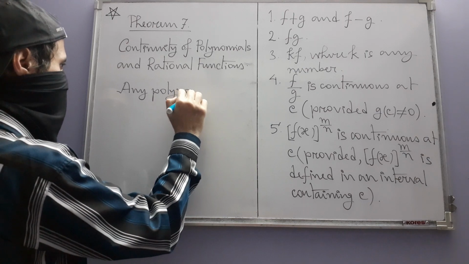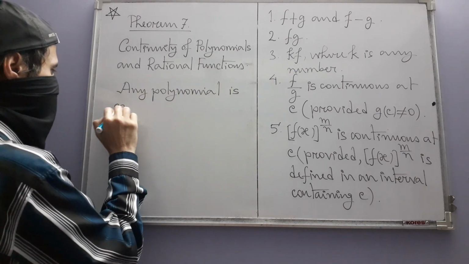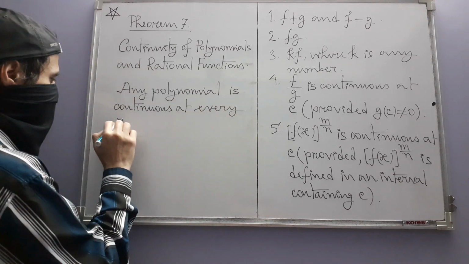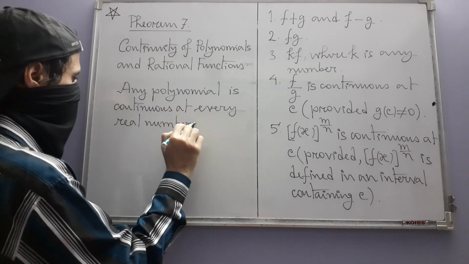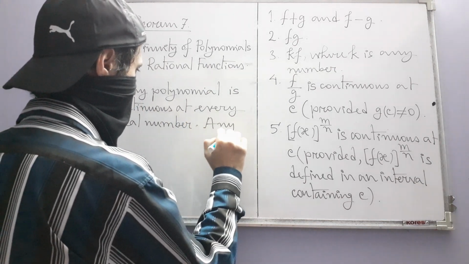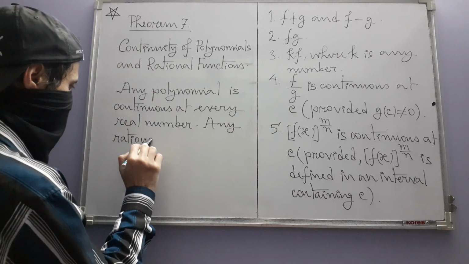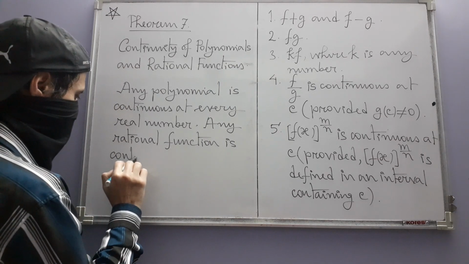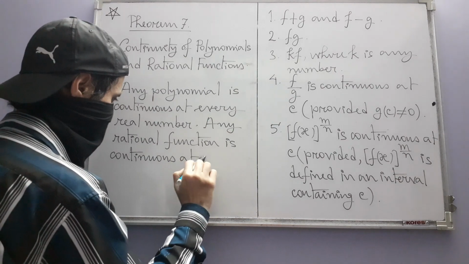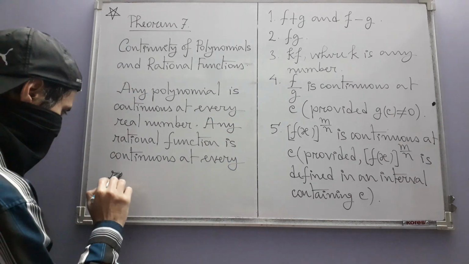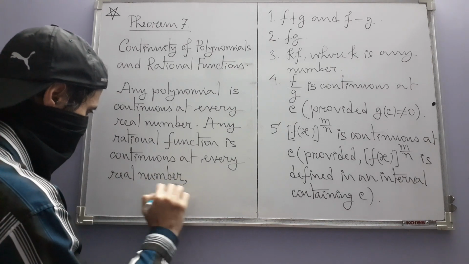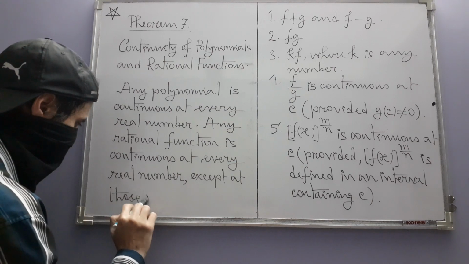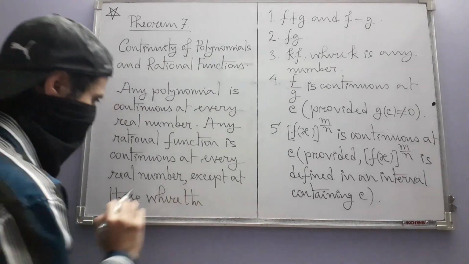any polynomial is continuous at every real number, and any rational function is also continuous at every real number except at those where the denominator is 0.